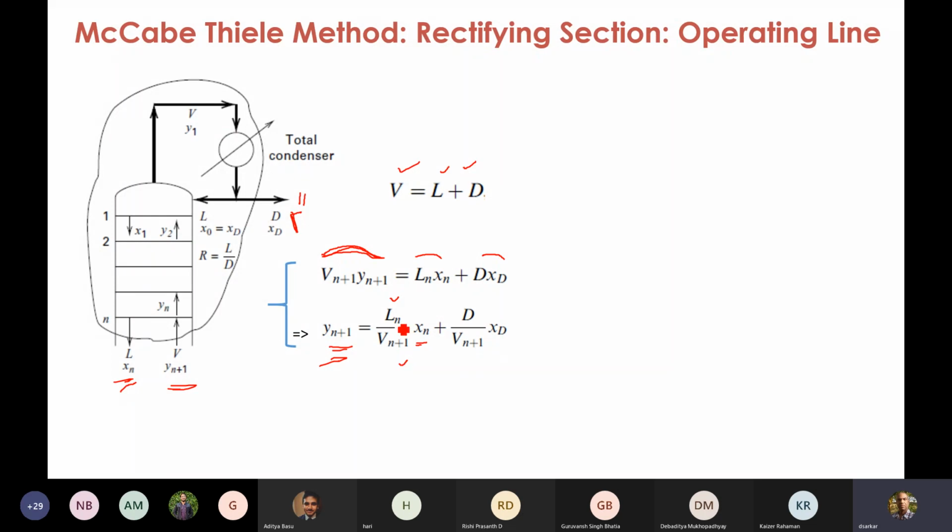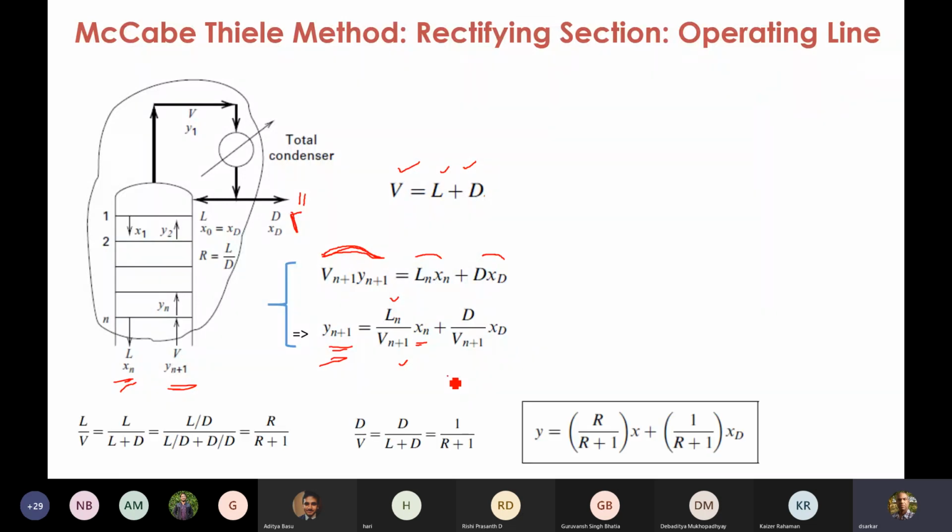In that case, you can drop this n plus 1, etc. You can simply say L by V. Now, if you further use the relationship between L and V, which relates to the reflux ratio R, L by D, you will get this relation. So this is nothing but this, after putting in the definitions of the reflux ratio.